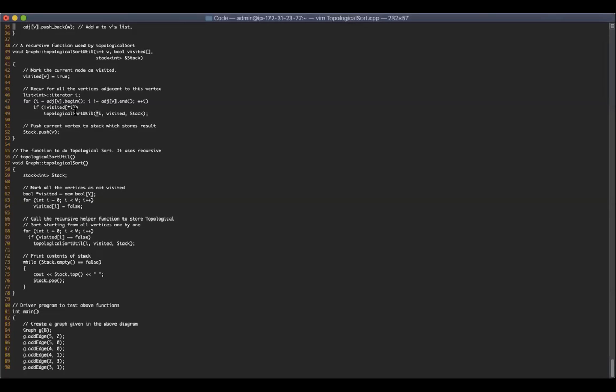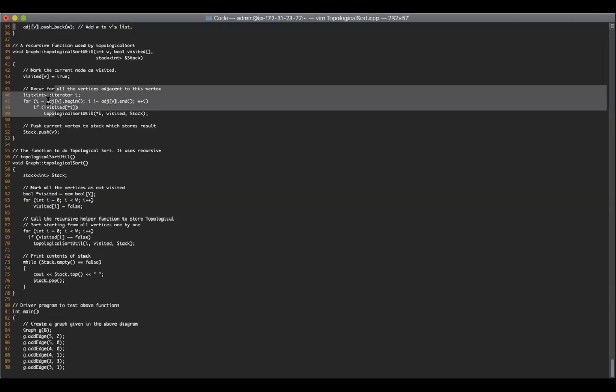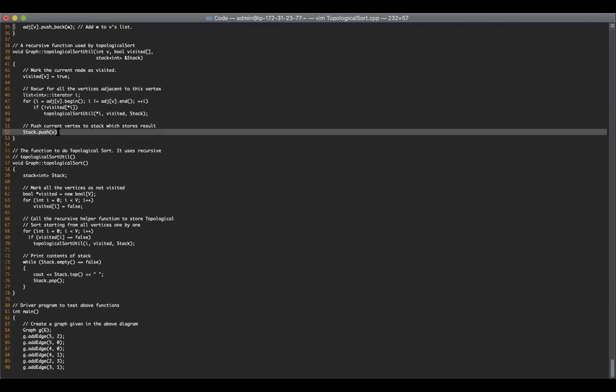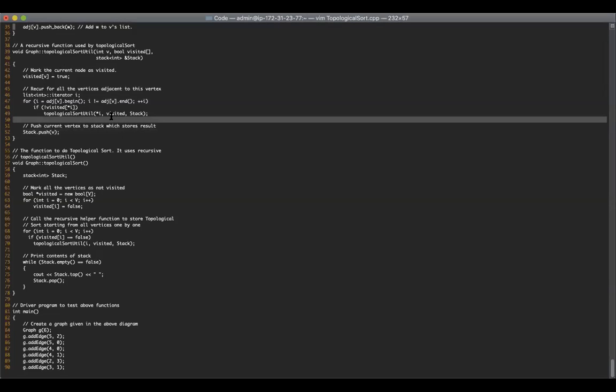And once you hit all the children, then you push the parent onto the stack, right? So that's the idea: keep iterating through all the children. Once you've iterated through all the children, push the parent onto the stack, because by the time you are here, all the children would have already been pushed onto the stack.